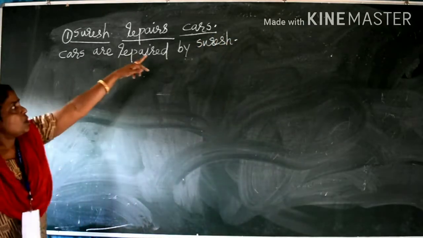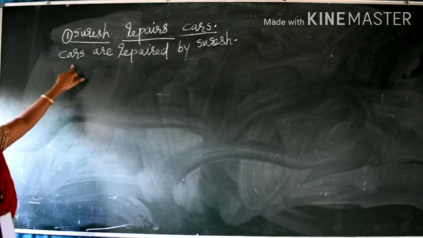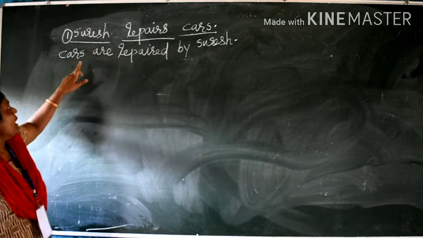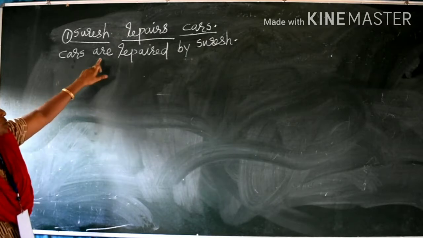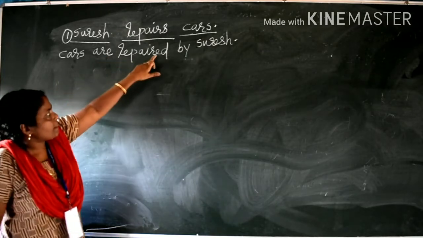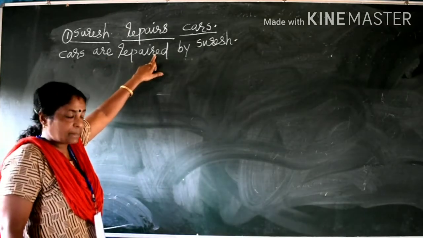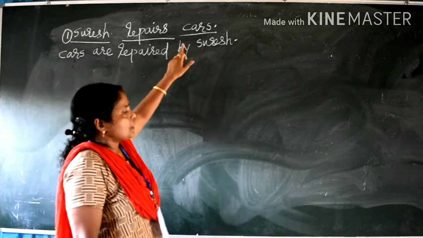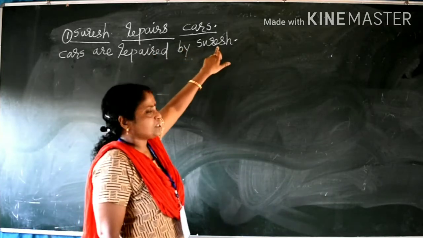Listen children, the object came as the subject in the passive voice, and cars is plural, so "are" is used. Then the verb in its third form, preposition "by" plus Suresh.